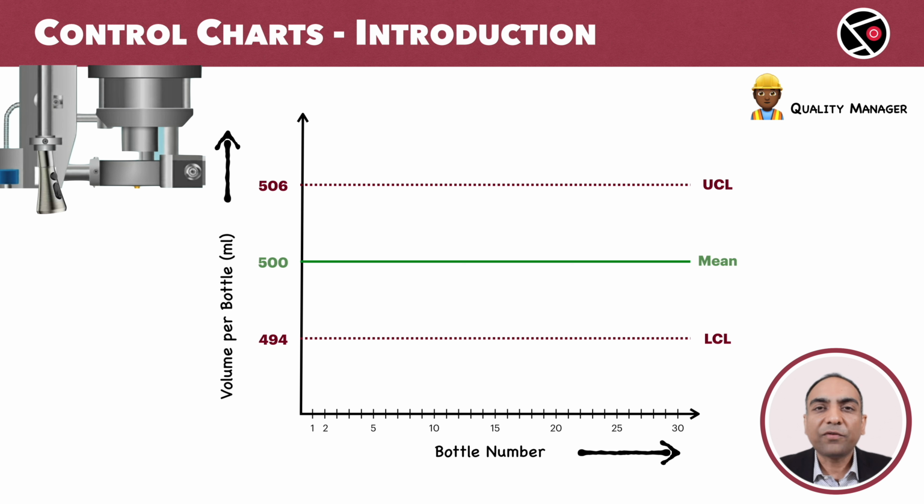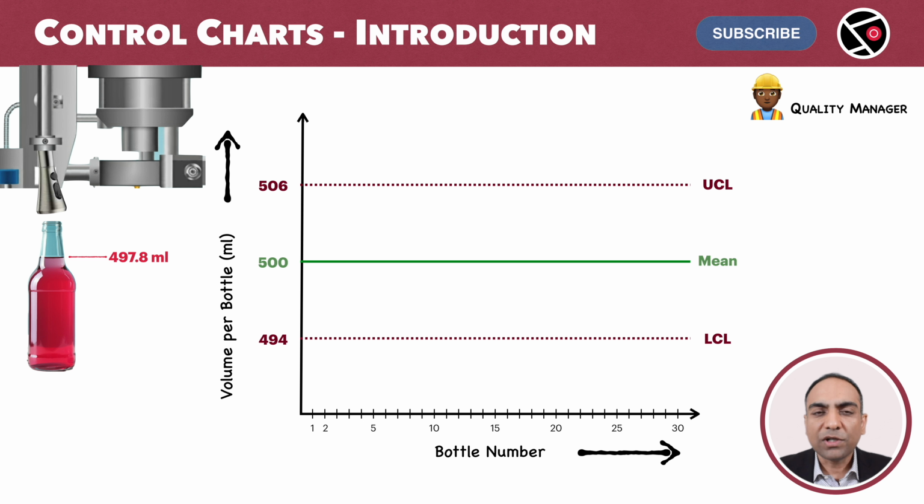Then we have the data points. These are the samples taken from the process over time. Let me explain. The first bottle is filled. The volume is 497.8 ml. So, on the control chart, for the first bottle, we have 497.8 ml. This is our first data point.